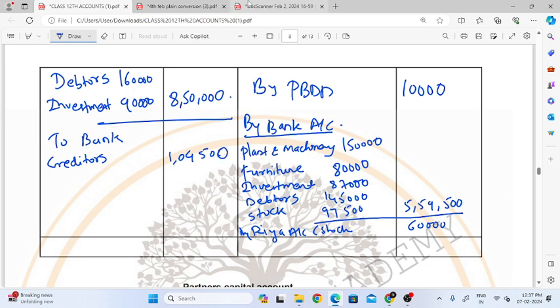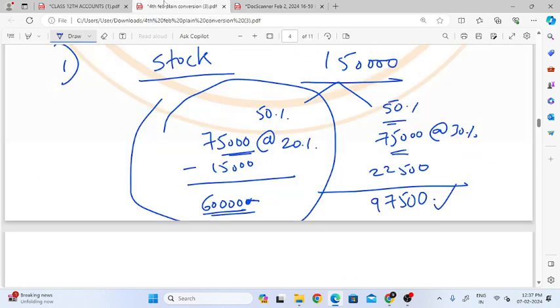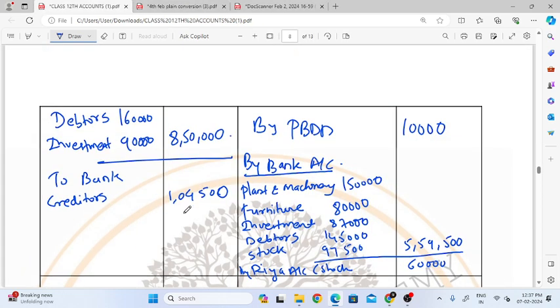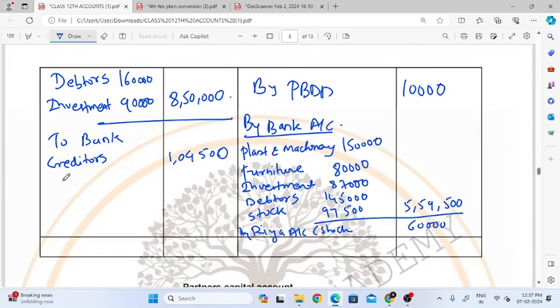Then the next, Divya agreed to pay Rima's loan. Rima is an external party, and Divya paid Rima's loan. So Divya's account, her loan she is paying. Rima's loan was 60,000, so 60,000 is paid by Divya.